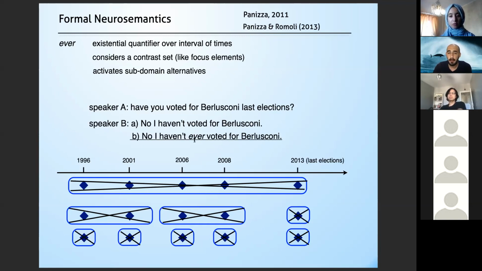So ever means something like there exists at least a time interval, okay? It is under negation. So under negation means there is not a time interval in which I voted for Berlusconi. So this is already included in the plain semantics of the sentence. And then any smaller time interval is entailed by this semantic.